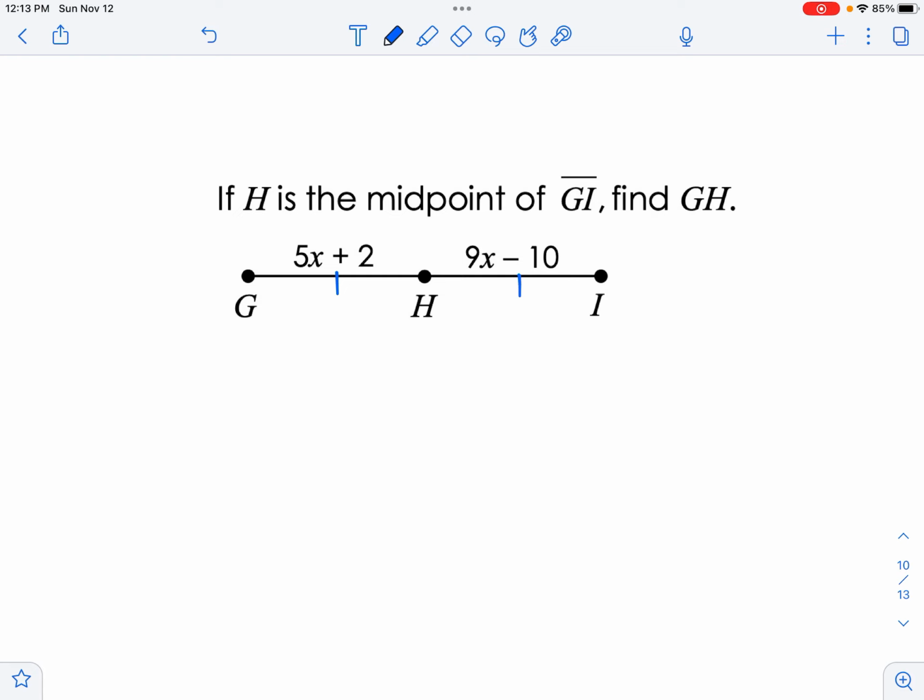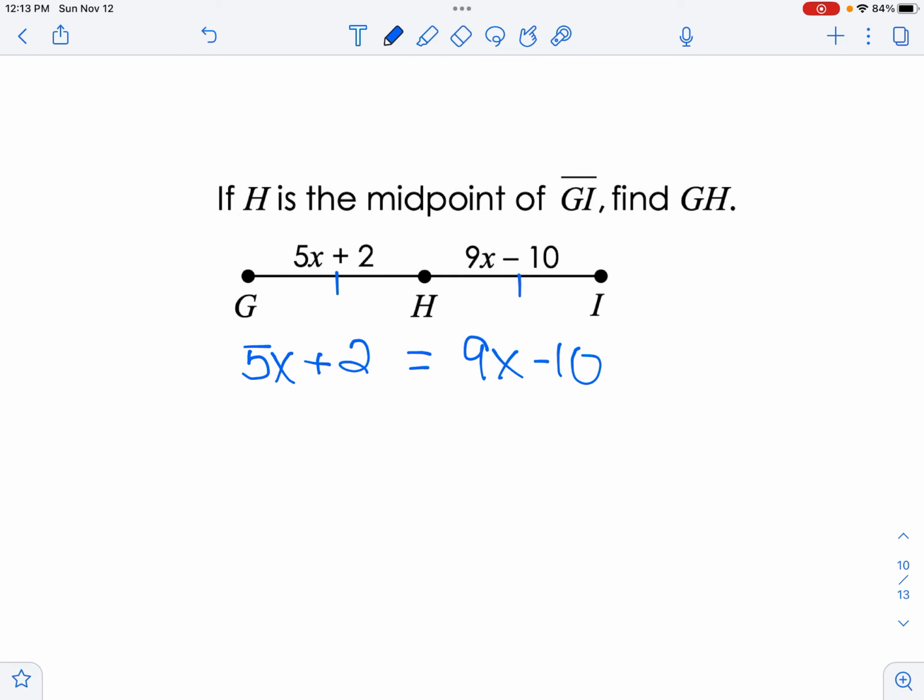They're exactly the same. So I want to find GH, but in order to find x, I know that they're the same, so I can set these two segments equal to each other. So I'm going to say 5x plus 2 has to equal 9x minus 10, right? GH has to equal HI because H is the midpoint.